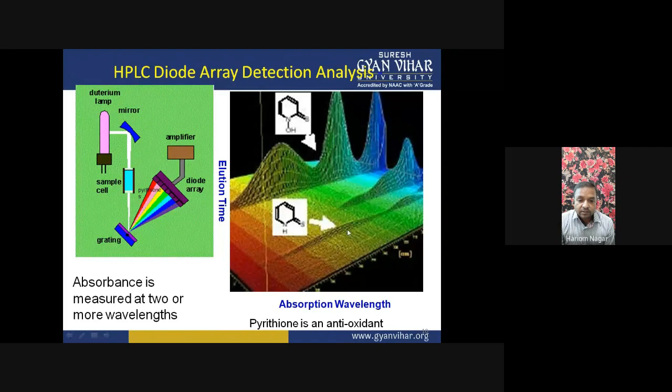And here there are two types of compound. One is actually the hydroxy derivative. The second is actually the normal hydrogen-containing one. So this hydroxy derivative has this type of absorption intensity, while this one does not have much absorption intensity.